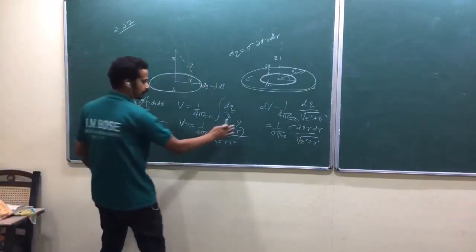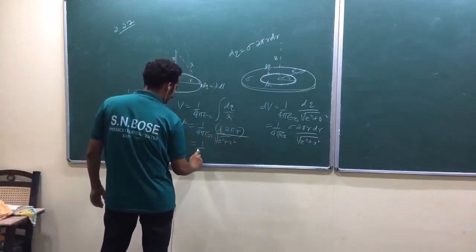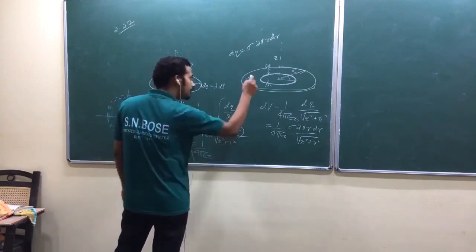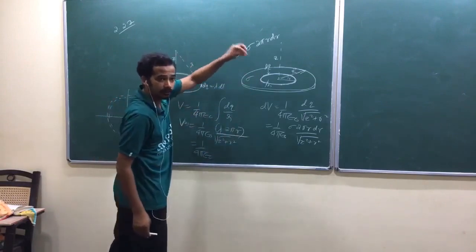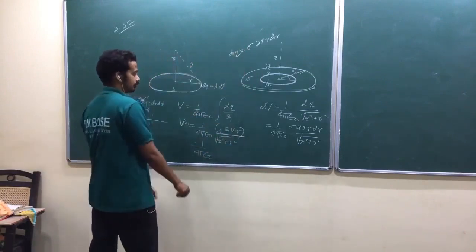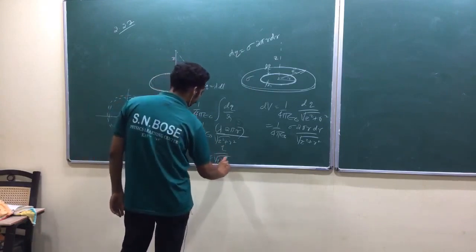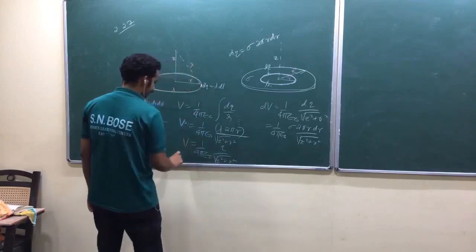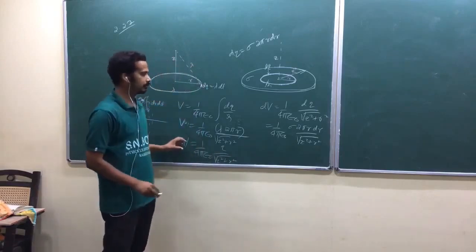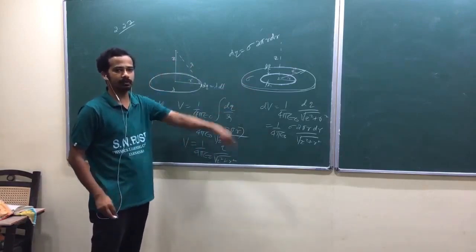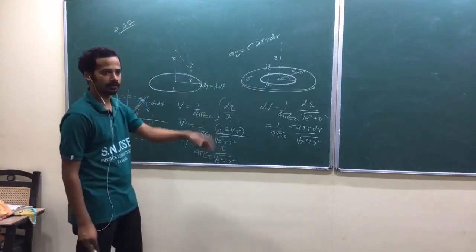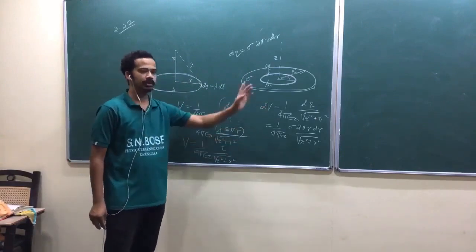Okay, this was total charge on the ring, remember, 1 by 4 pi epsilon naught. Now ring is elementary, that's why I have written total charge on the ring as dq. So q by root of z square plus r square, isn't it? In place of v, I have written dv because that is elementary over. That's a fraction. So in place of q, I put dq.